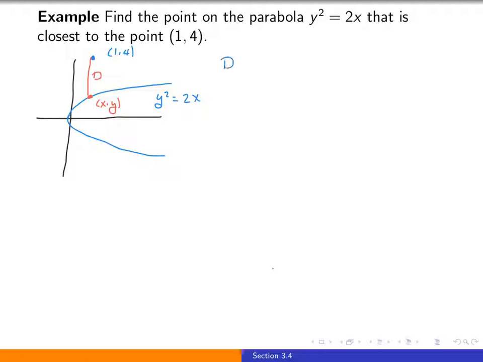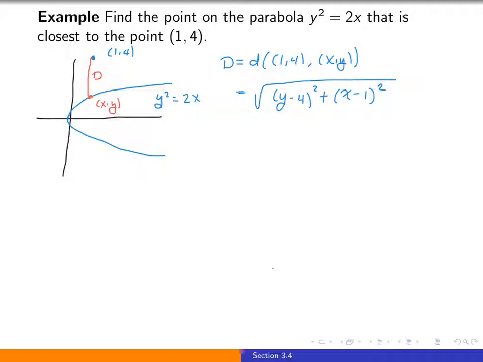So big D is going to be the distance between (1, 4) and the point (x, y), which is on our parabola. And by the distance formula, this distance is going to be the square root of the difference of the y values squared plus the difference of the x values squared.